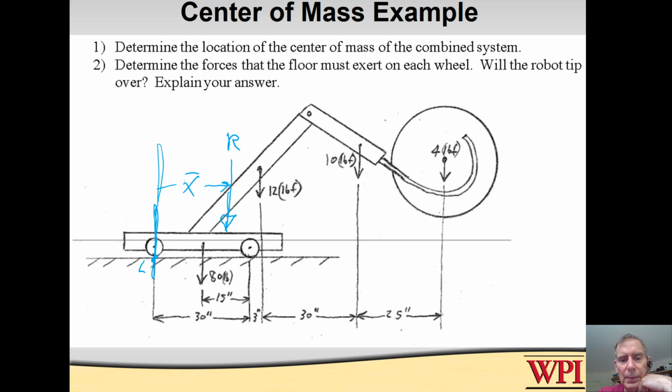And then you want to determine the forces. Once you have that R, that force, and where it's located, then it will be easy to determine F sub L and F sub R, just like we did in the previous example. And you have to answer the question, will it tip or not? Okay, so why don't you go ahead and you have the handout for the sketch of this problem, and then put your answer in the online quiz, and then we'll continue from there.